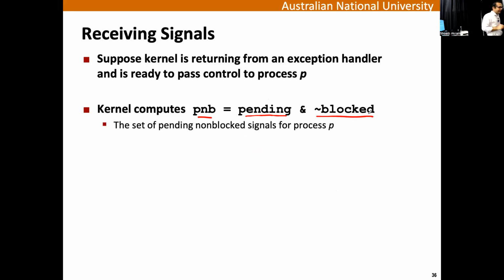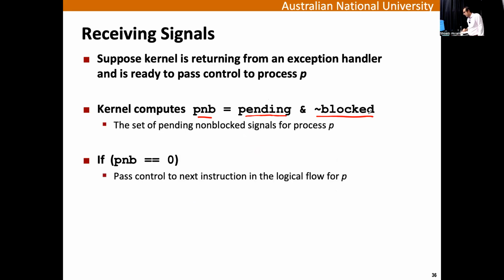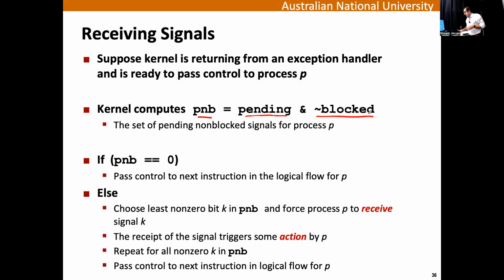So the signals are pending. There's a bit in the pending bit vector that says the signal of this type is pending, and it is not blocked by the user process. If this is not the case, the kernel does nothing. It returns control to the user process, and the user process executes the next instruction.